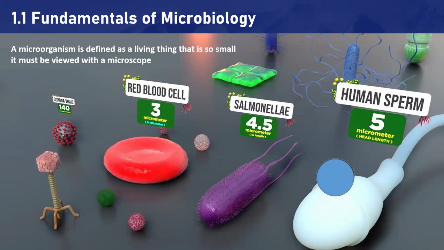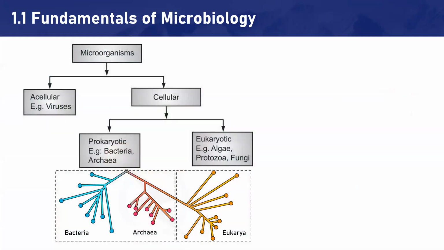For others like bacteria or yeast cells, we use the conventional microscope to look at their morphology. Based on structure, we can divide microorganisms into two groups. The first one is acellular, and the representative of acellular microorganisms is virus.